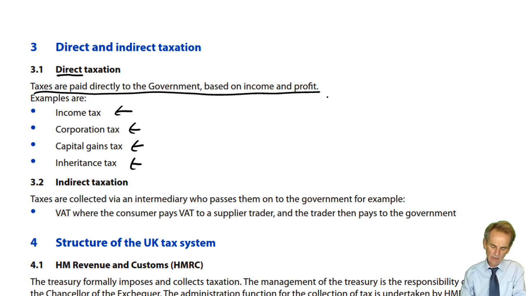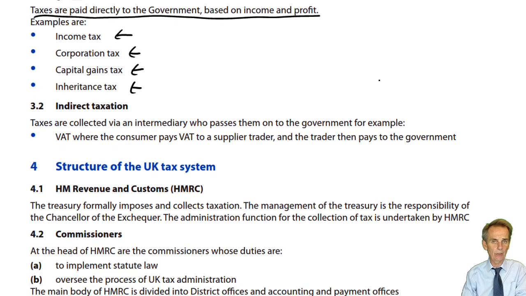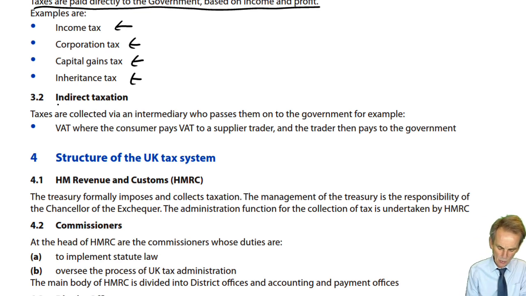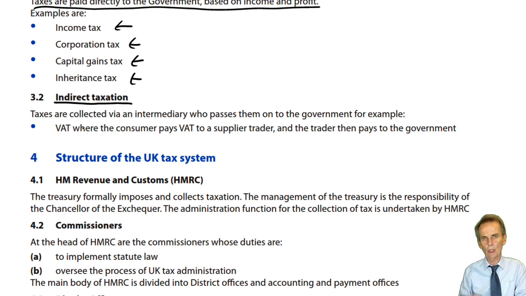But what happens with VAT is somewhat different. If you're not used to the name value-added tax, what you may be used to in terms of your domestic system is a sales tax. Now then, this is known as indirect taxation. Why? Because the individual does not pay that tax directly over to HMRC.